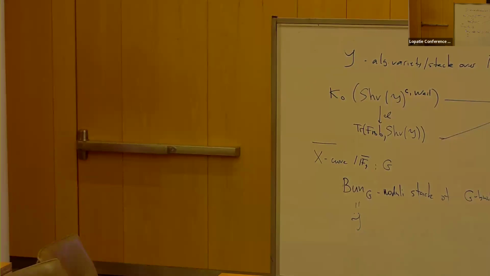You can map it to the trace of the Frobenius on all sheaves. And here there is a map to functions on the set of conjugacy classes, G and G of F_q. And again, this is also an isomorphism. So this says that class functions are also the trace of the Frobenius in the category of character sheaves.